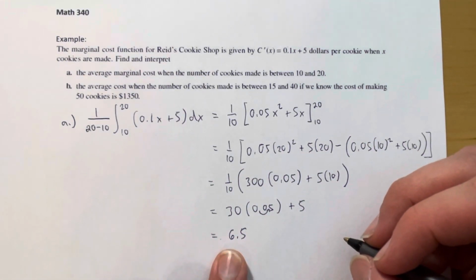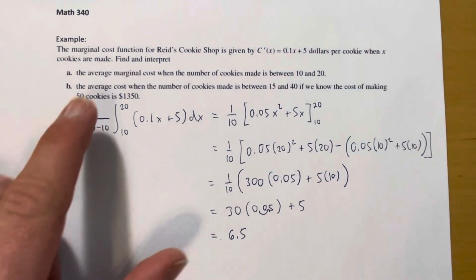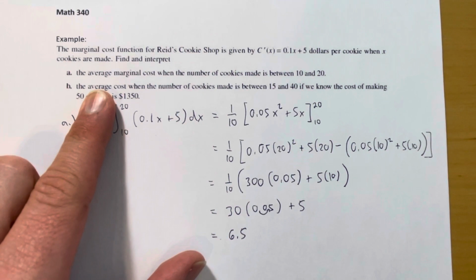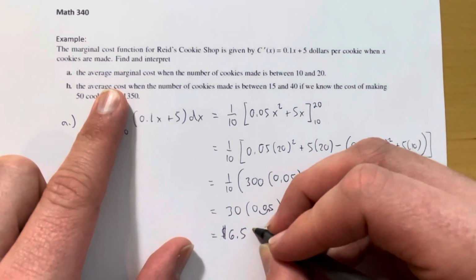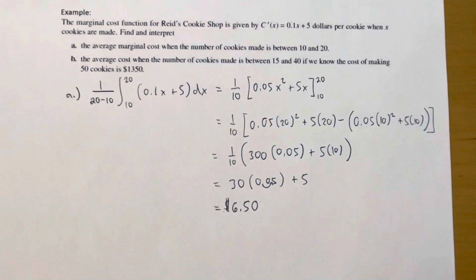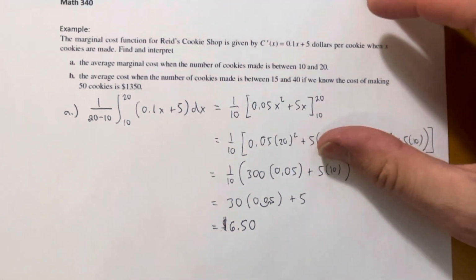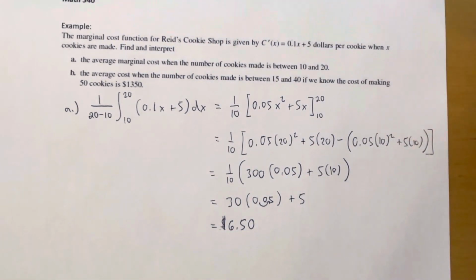However, what does this represent? It's an average marginal cost. So being a cost, it's measured in dollars and cents. I'm going to add a 0 there because I wouldn't normally see this written as $6.5. I would see it written as $6.50. Okay, so what this is telling me is that, remember, when we do marginal analysis, we can interpret marginal cost as the rate of increase in our cost when a certain amount of cookies are sold.